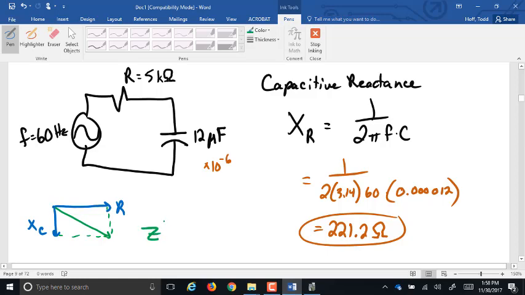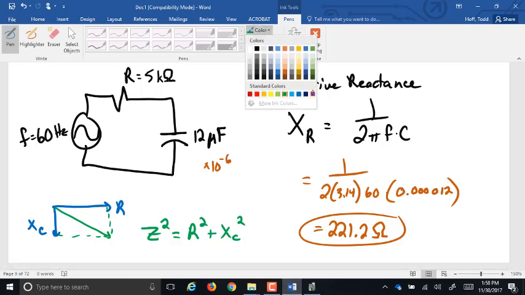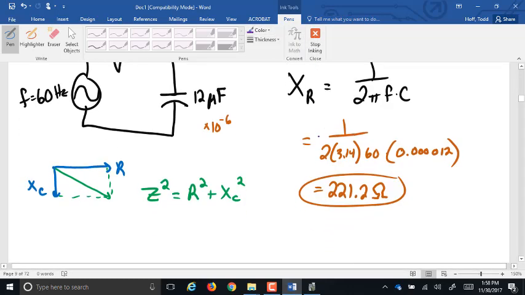So your total impedance squared is equal to your resistance squared plus your capacitive reactance squared. Again, I often will just write it as that total impedance is equal to the square root of the resistance squared plus the capacitive reactance squared.